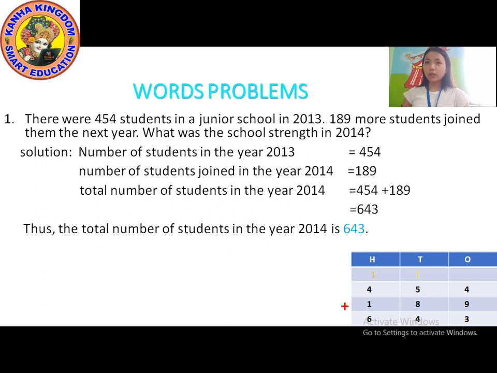Like in this question you have to find out the total school strength in 2014, right? In the same way, you have to find out in other problems. Okay students, now we'll see another example of word problems.